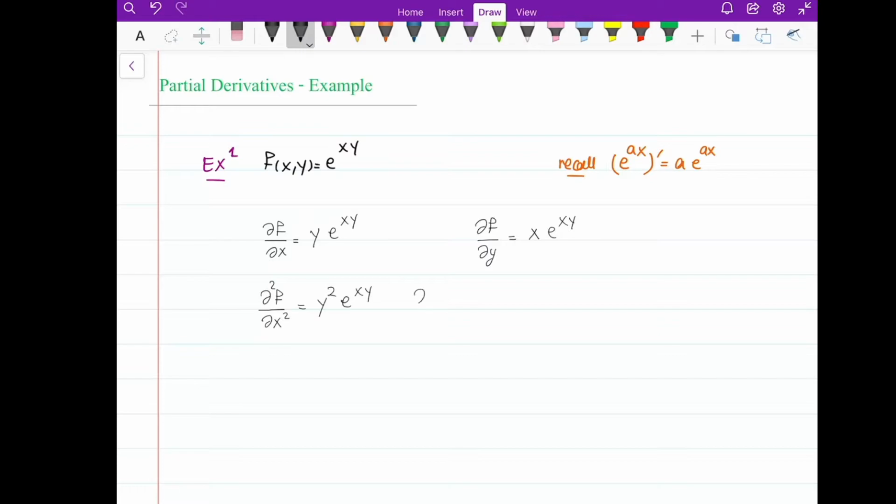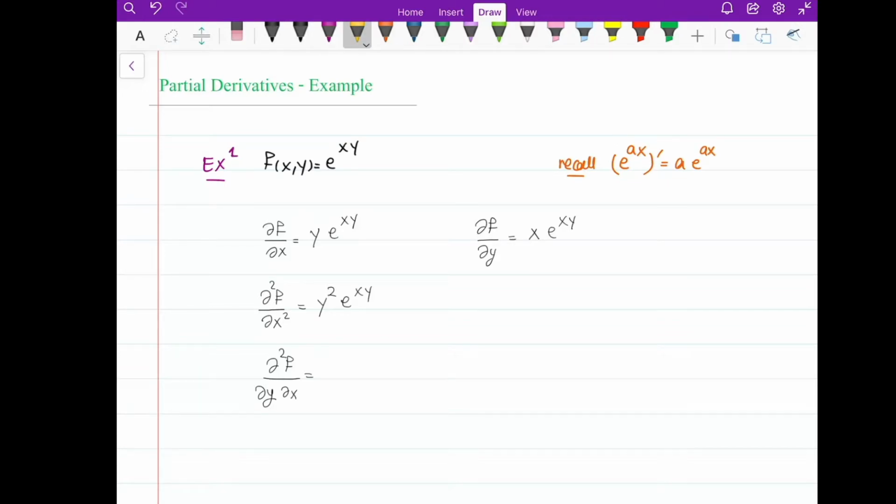And now if I want to take the second derivative with respect to y, let me move this one down here.